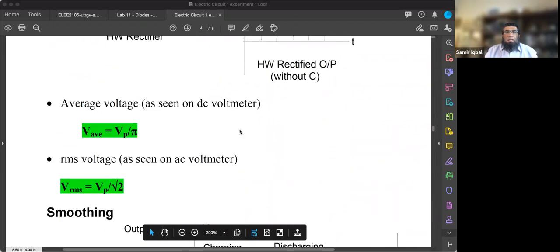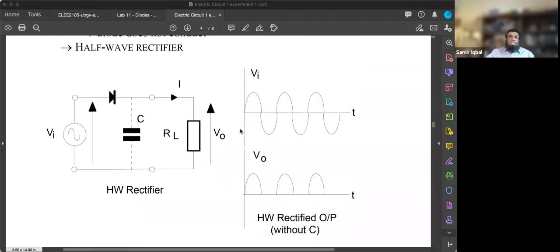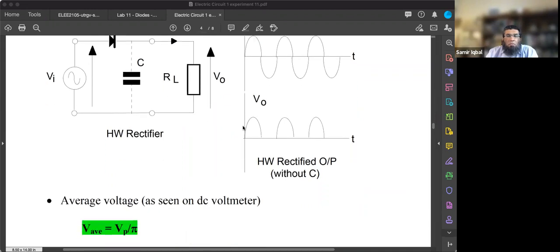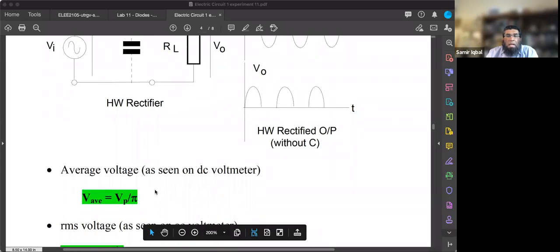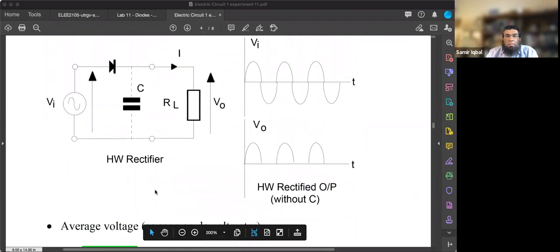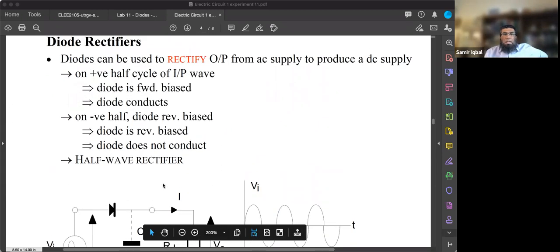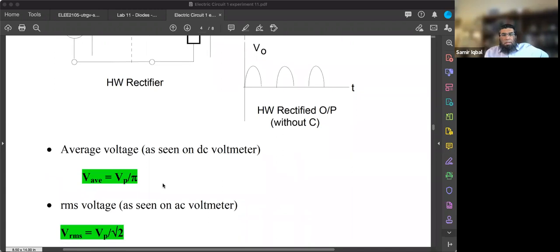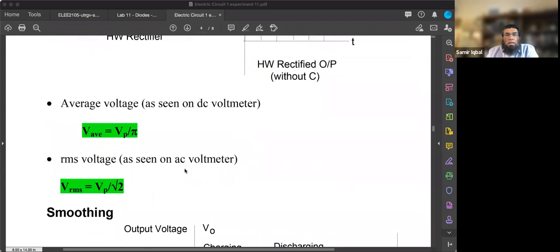All right. So what is the average voltage? We are getting voltage, but it is changing. The average voltage is Vp divided by pi. So we are getting the voltage coming from the input divided by pi. We can also find the RMS, which is root mean square, which is what you would see on an AC voltmeter.